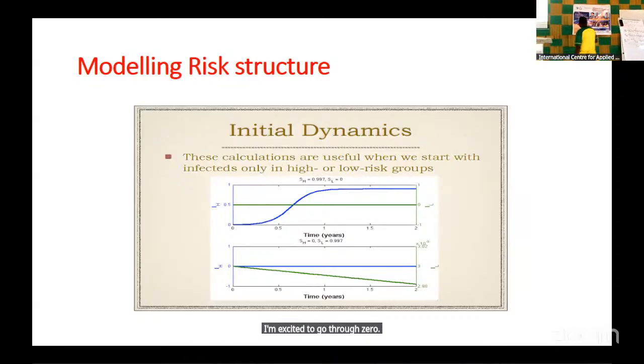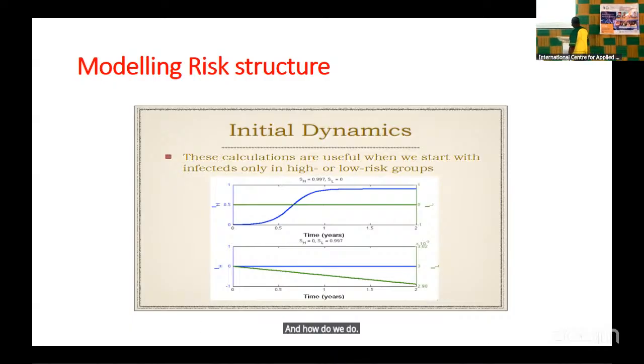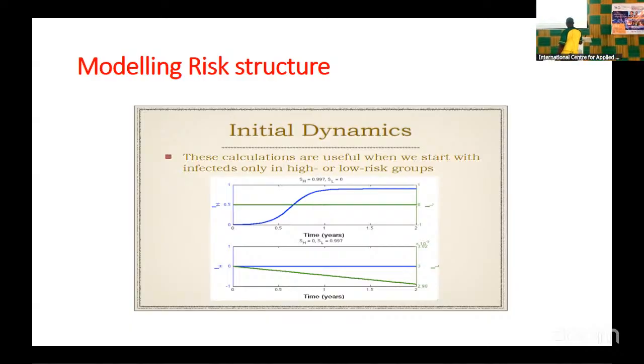Now, these calculations are useful when we start with infected only in the high or low risk group. When you start with high, you can see the pattern we are having, and when we start with low, you see the pattern we are having.